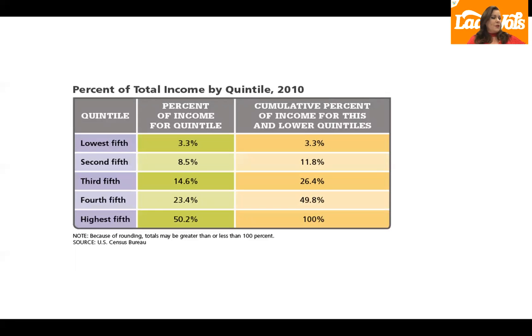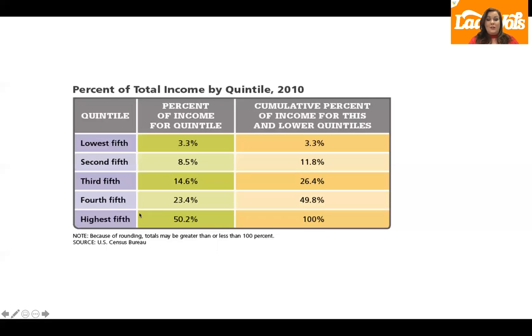This was the one that we talked about, the percentage of income, how it is spread out when we start talking about income equity. You should be able to read this chart and conclude things from it.